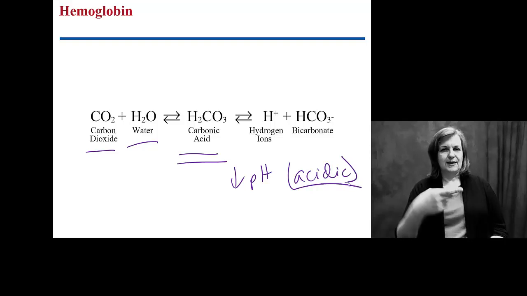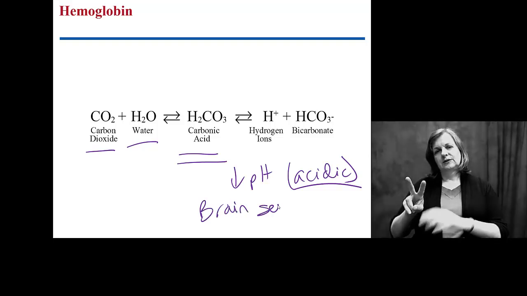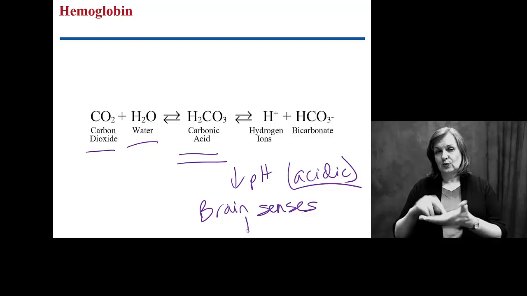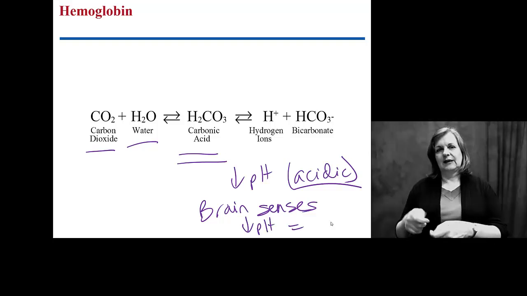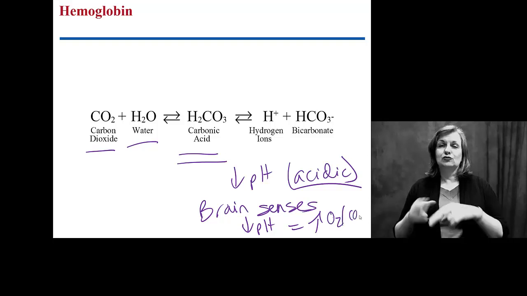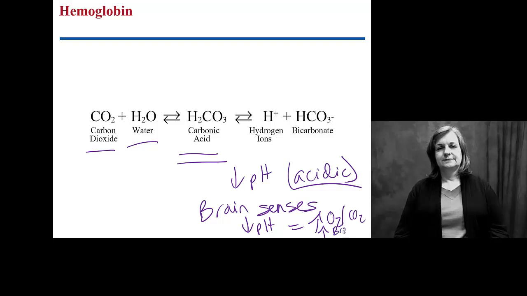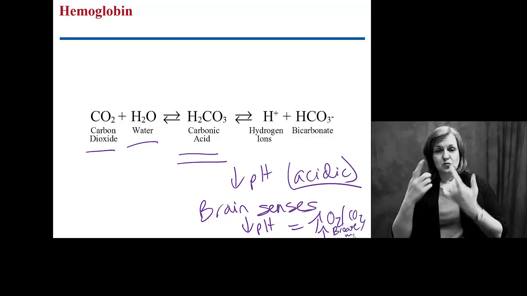That carbonic acid is what your brain recognizes as low pH, which means you need to increase oxygen carbon dioxide exchange, which means you increase how many times you breathe per minute.